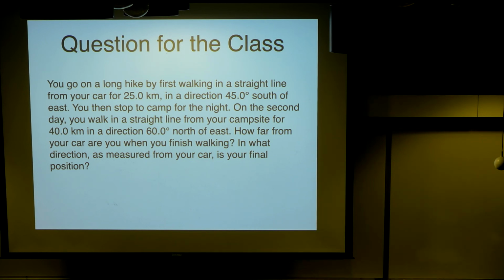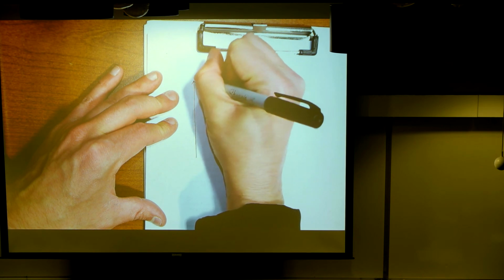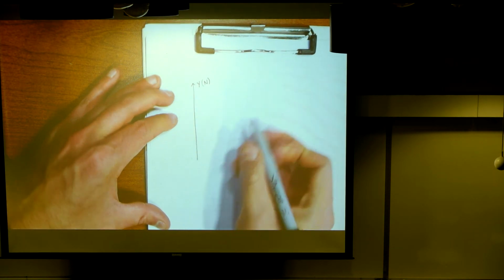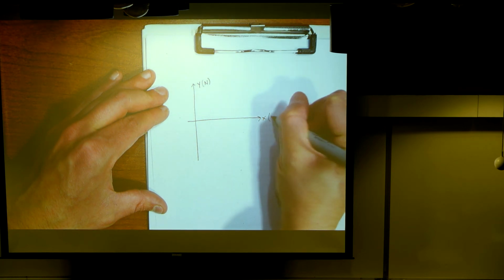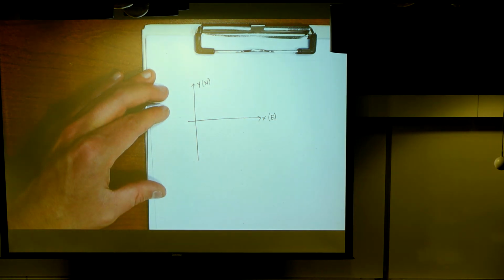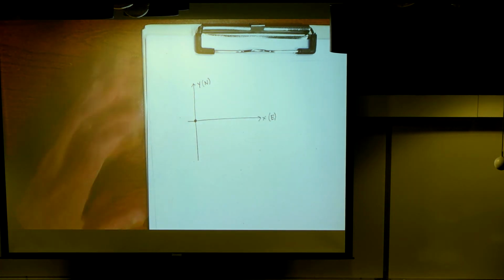So in a problem like this, what we want to start with is a picture. Let's put a picture down on the diagram, and that will inform us as to what calculation we need to do. Because we have directions on the map, I'm going to start by drawing a y-axis corresponding to north and an x-axis corresponding to east, okay? And I'm going to put at the origin your starting point.